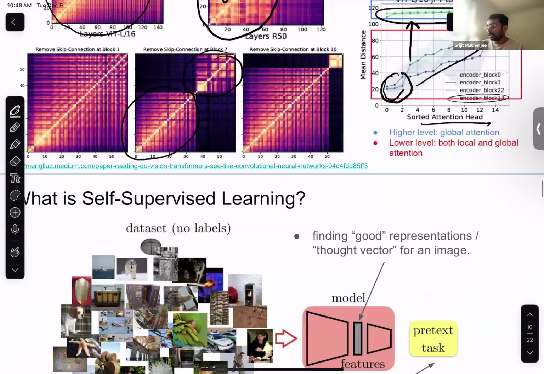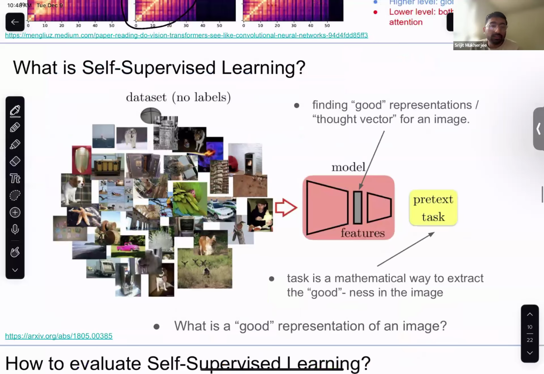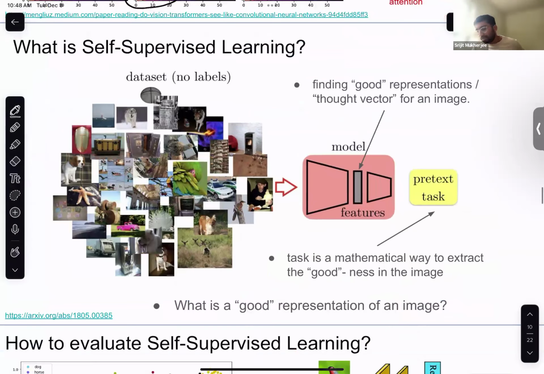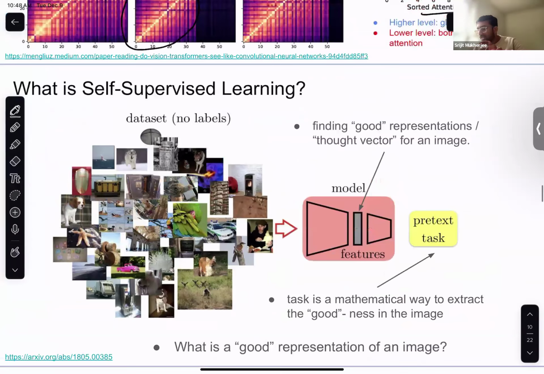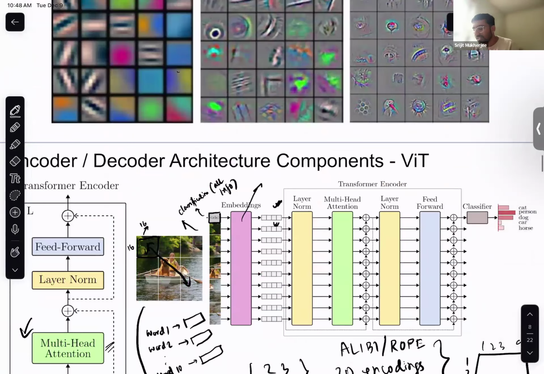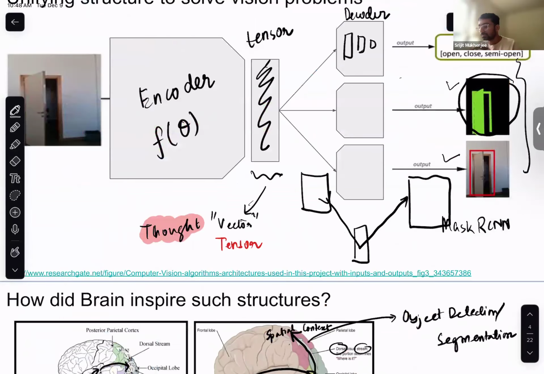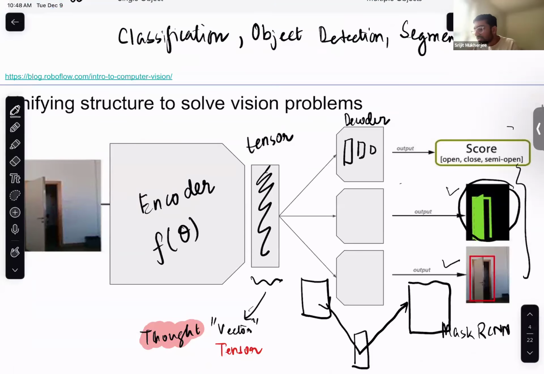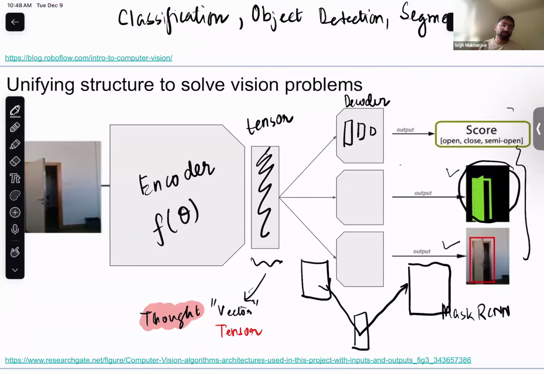Okay. So now what is self-supervised learning? This is where we come from the entire discussion. We have two feature extractor blocks. One is residual, one is ViT, the vision transformer based. But coming back to this slide, we want a uniform structure to solve those vision problems. So we have the encoder part the same.